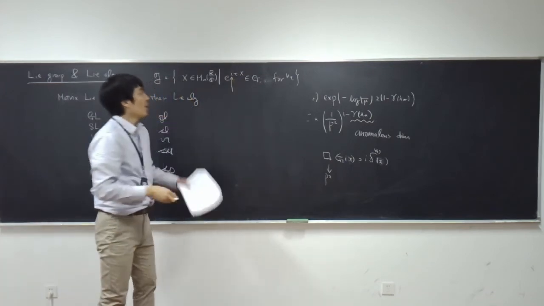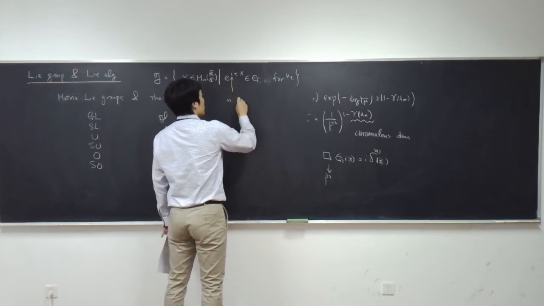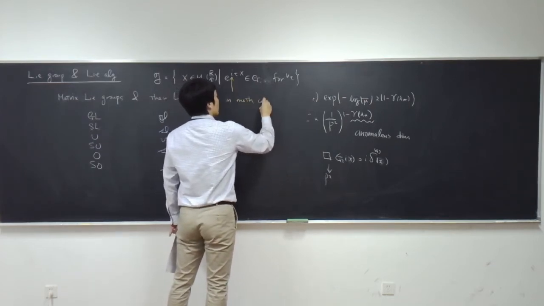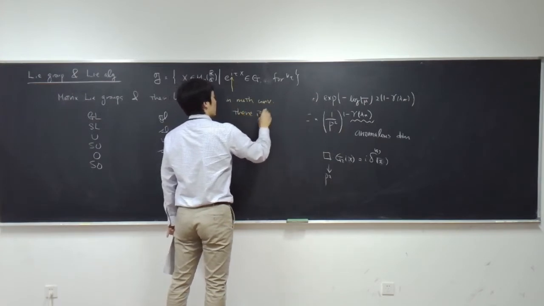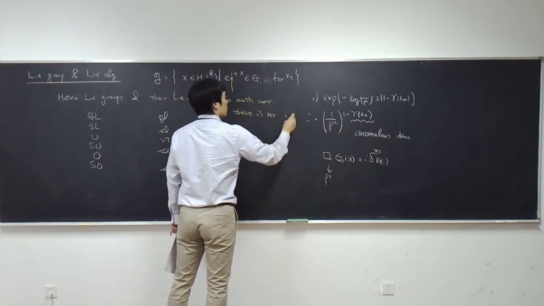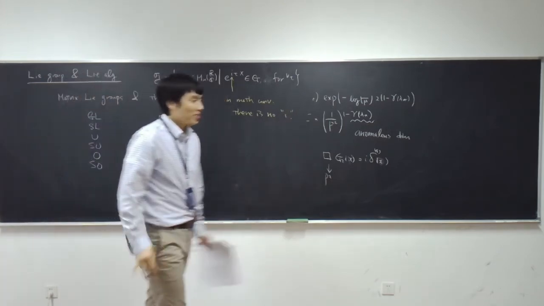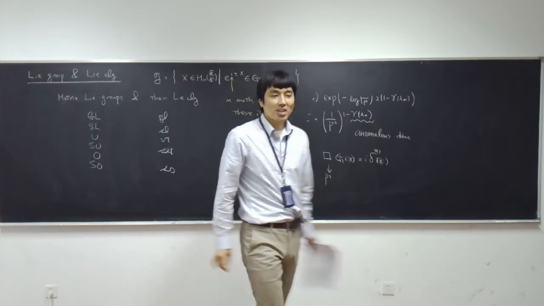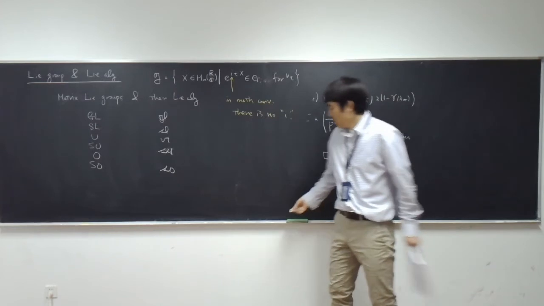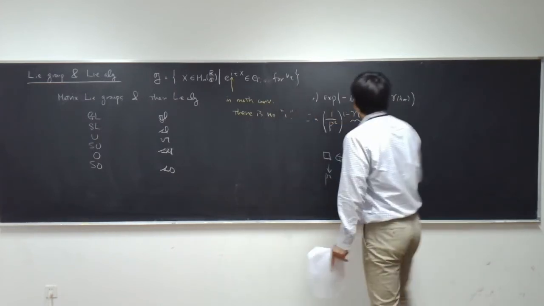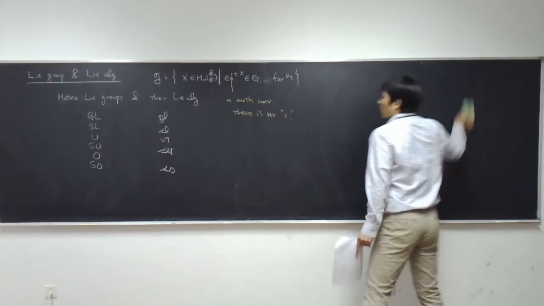So be careful when you check the definition of the Lie group and Lie algebra in the mathematical literature. There is a conventional difference, so one has to be careful.